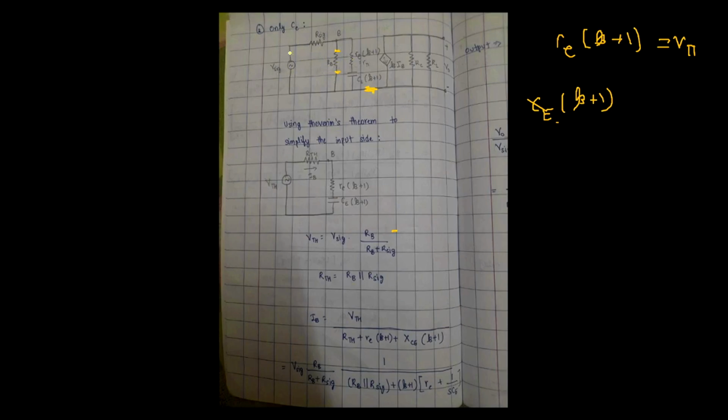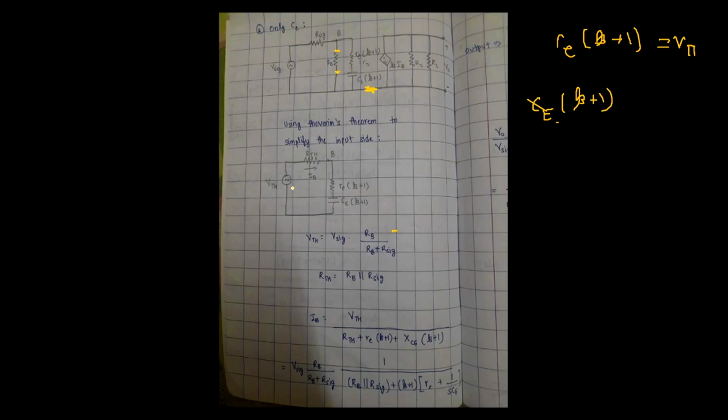So we replace V signal with VTH, and then we have that R signal is parallel with RB. So we can replace this part with just one voltage source and one resistor.